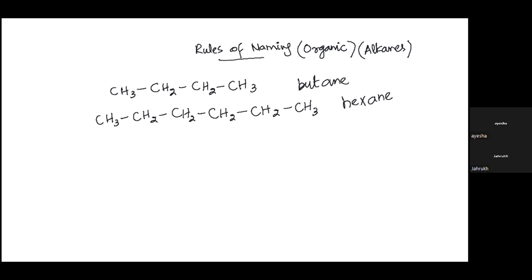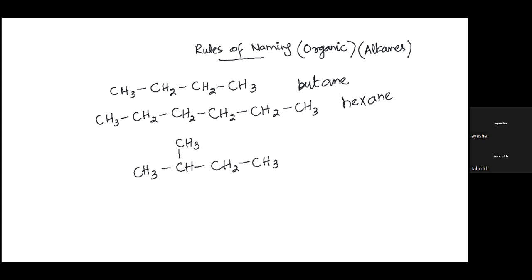What happens is that when there is a branch in the structure, the entire set of rules change. Then you actually need to understand and identify.